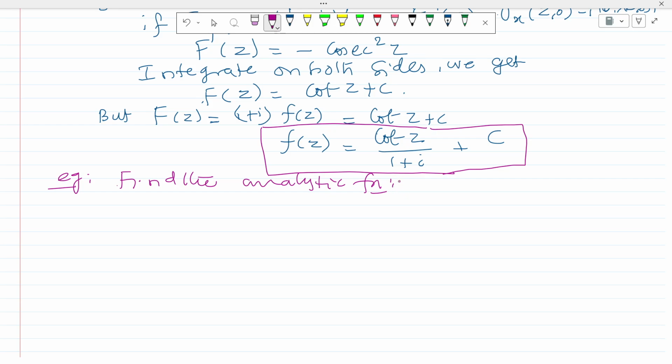Find the analytic function f of z equal to u plus iv, if u plus v equals x by x square plus y square and f of 1 equals 1.